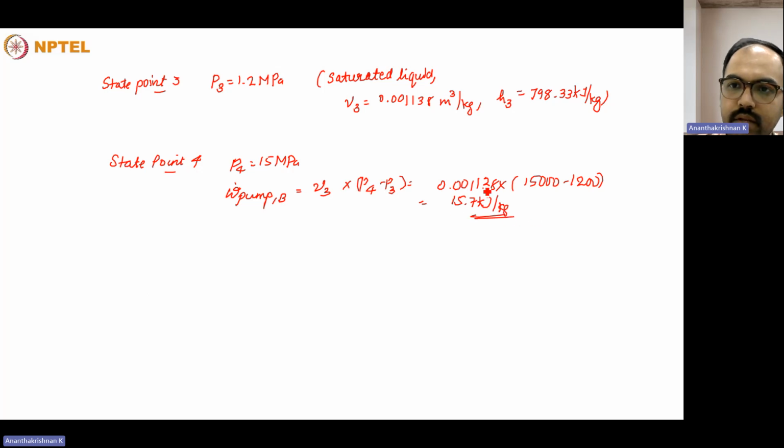If you compare the magnitude between this and the other enthalpy differences, it will be very minimal. Here it is just 15, and the possible enthalpy difference in the case of the turbine would be close to thousands.